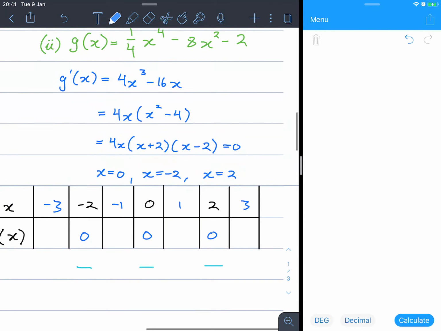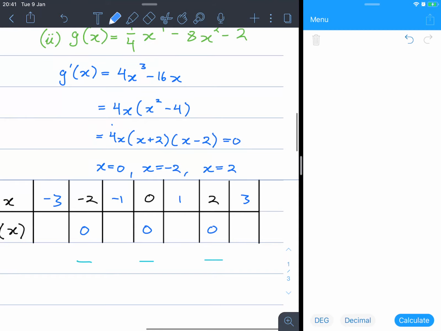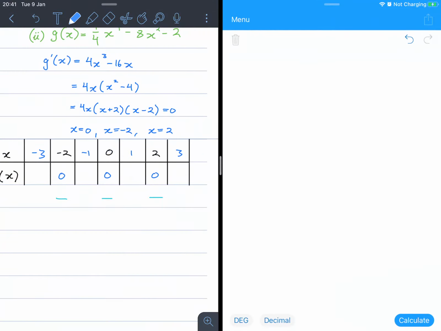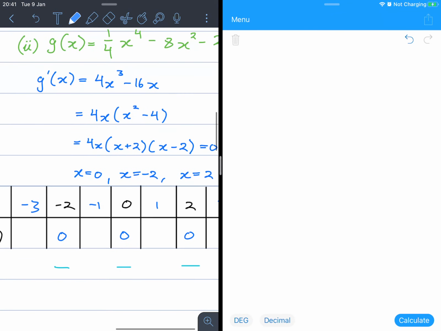I'm going to use the factorized form here because it's a lot easier to substitute into. So let's substitute -3 for x into here. So it's going to be 4 times -3, -3 plus 2, -3 minus 2. That gives us -60.